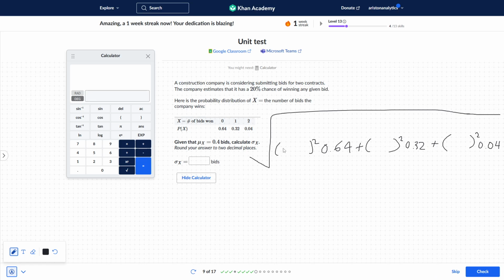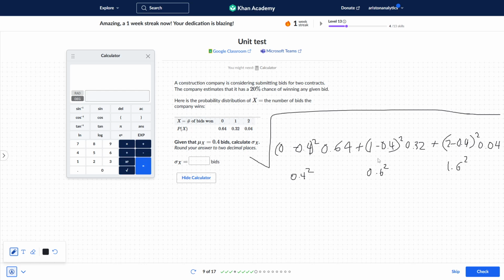Okay, now we do 0, 1, and 2. We do 0.4, 0.4, 0.4. Okay, so this will be 0.4 squared, 0.6 squared, and 1.6 squared.